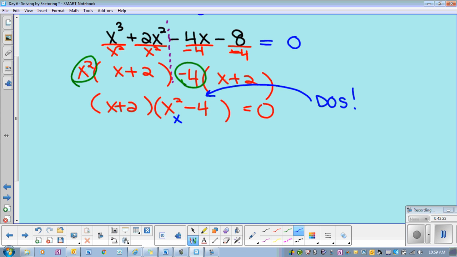What is the square root of 4? 2. So double parentheses, opposite signs, x plus 2, x minus 2. Don't forget to bring down that x plus 2 that you already had. Make all of this equal to 0.